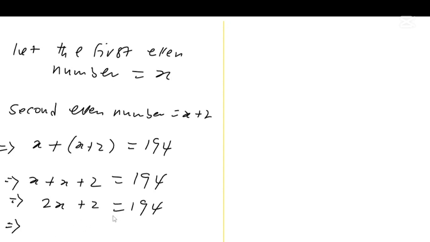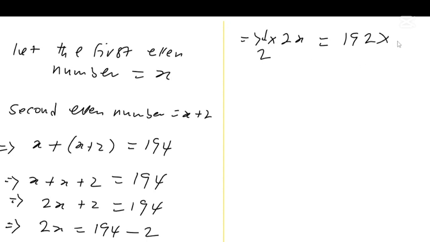We can do regrouping. We have 2x equal to 194 minus 2. And this gives us 2x equal to 192. Let's take multiplicative inverse of 2 on both sides. So this gives us our x equal to 96.